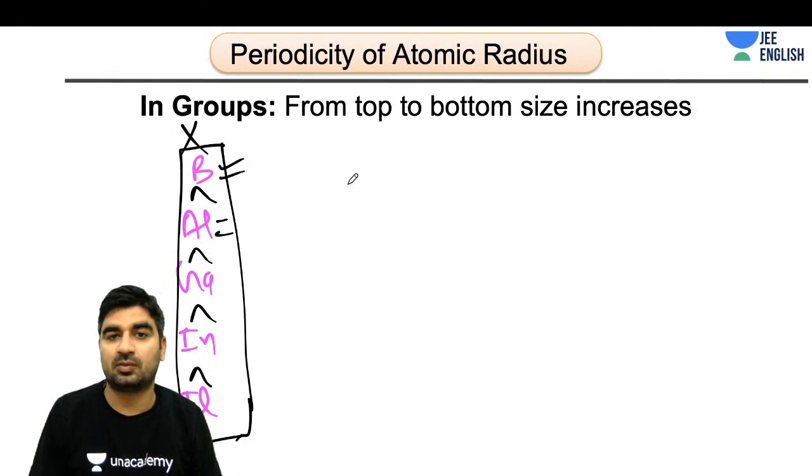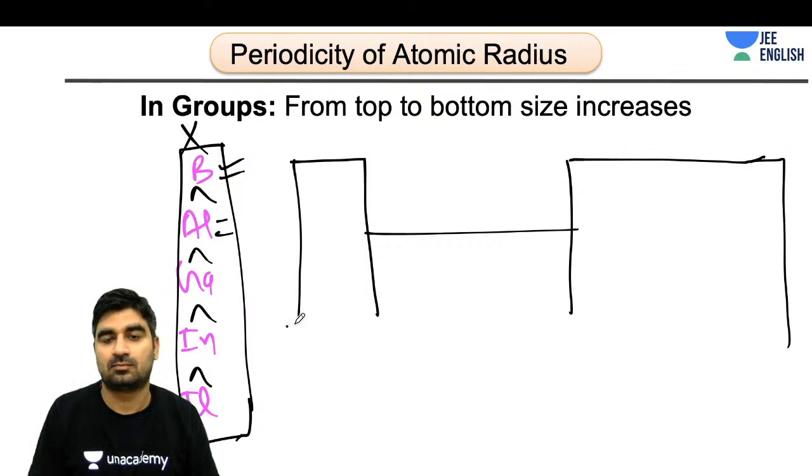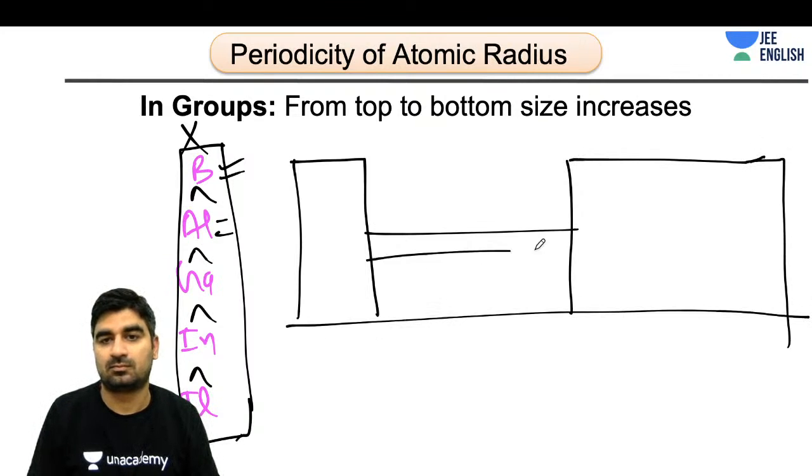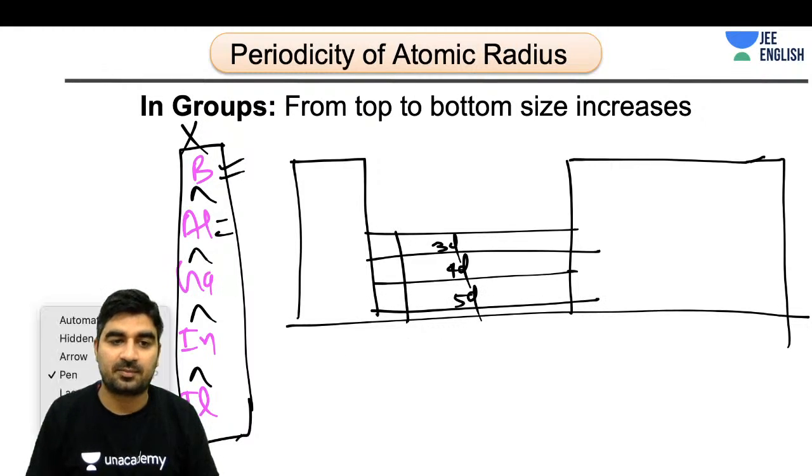Now I will explain you. So guys, this is the periodic table. 3D, 4D, 5D.